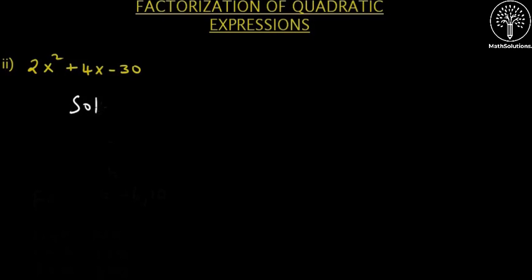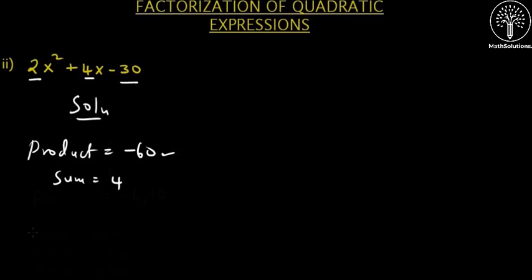So we look for a pair of factors such that their product would be negative 60, which is 2 by negative 30, and the sum would be 4, which is the coefficient of x. So we look for the factors of 60.